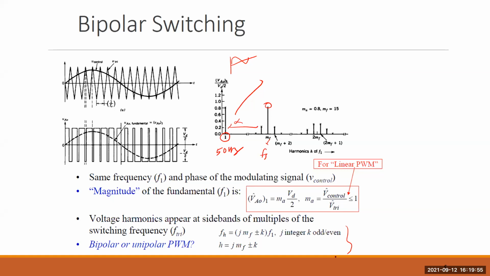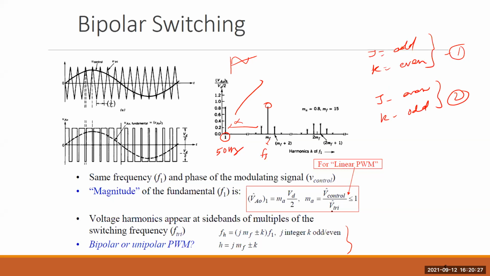What happens in this harmonic is that whenever J is odd, then K is even. And whenever J is even, then K is odd.